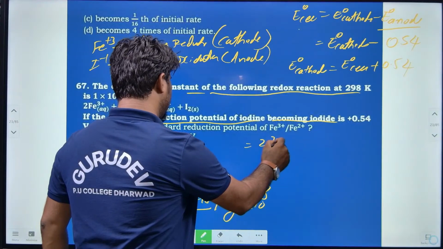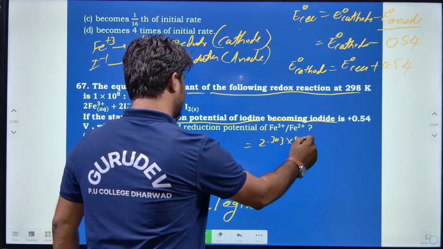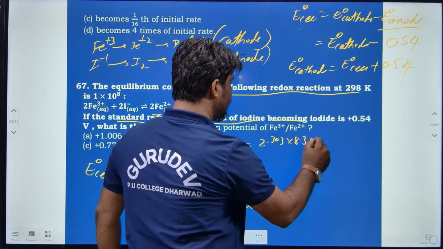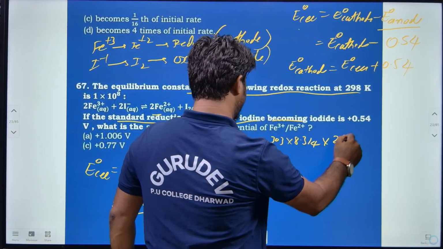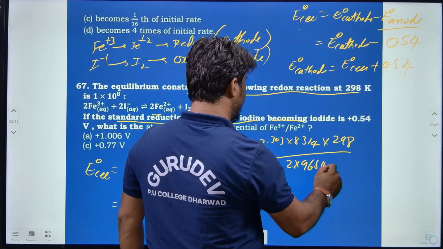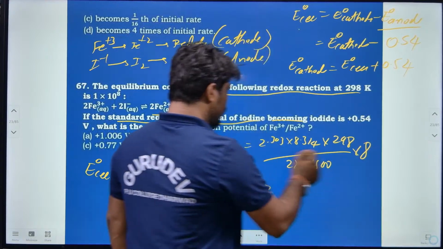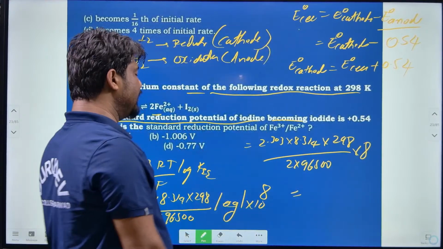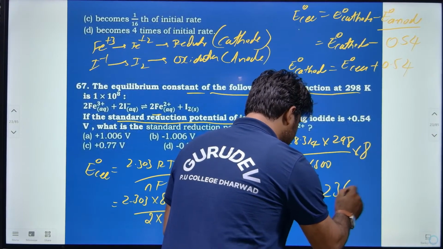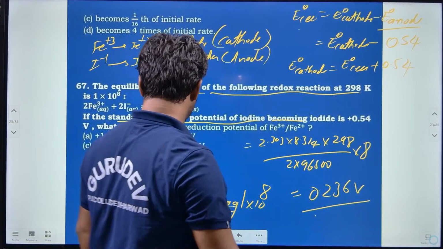So I will put the values again. That is 2.303 into 8.314 into 298 divided by 2 into 96,500 into 8, which on multiplying and dividing I get 0.236 volts. This is the value of E naught cell.